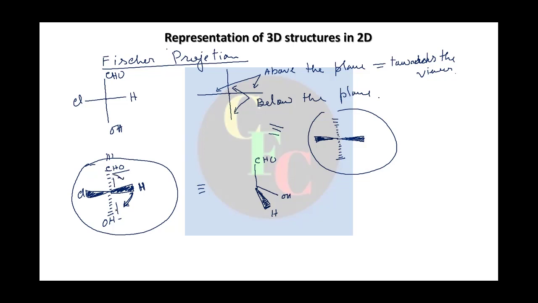These are already below, so they will come up and these will go down, right? So these and these two are equivalent. So we can write this one equivalent. They are not different, these two things.